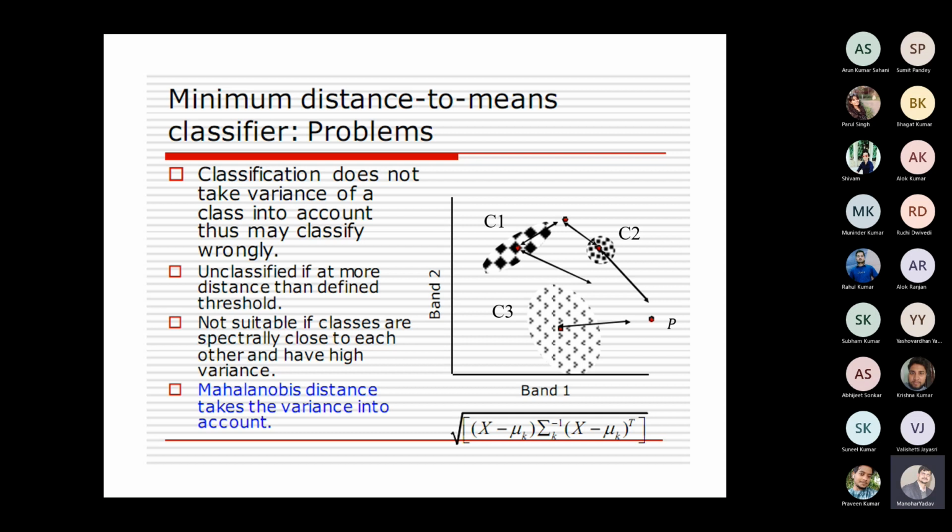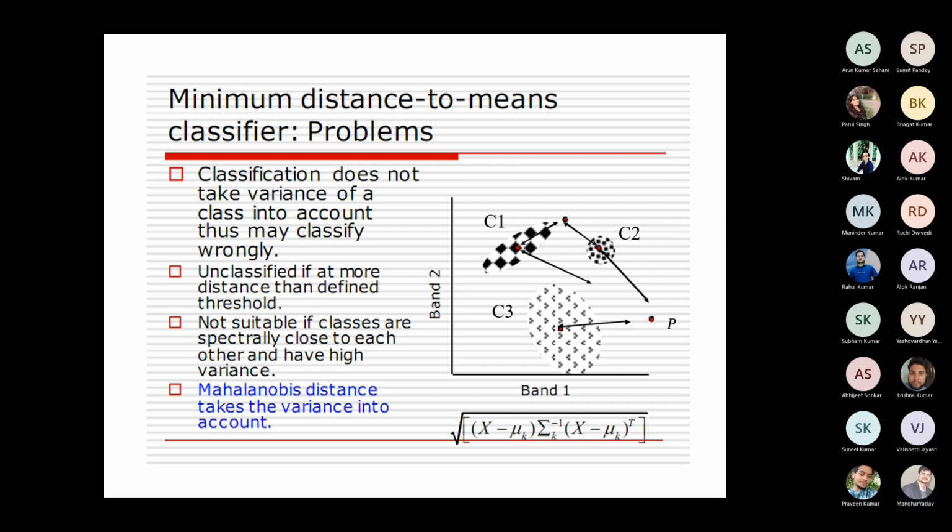Okay, and in this Mahalanobis distance you can see that the mean is considered. So an unknown pixel x minus the class K mean, multiplied by the variance-covariance matrix inverse, and further multiplied by the unknown pixel subtracted by the mean, transposed.